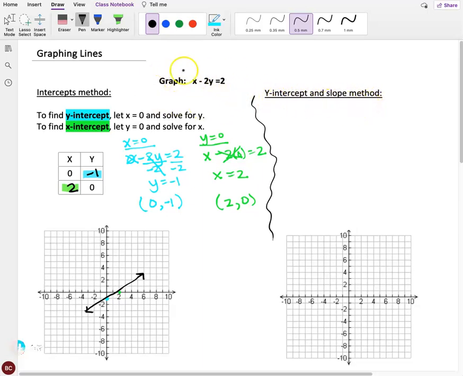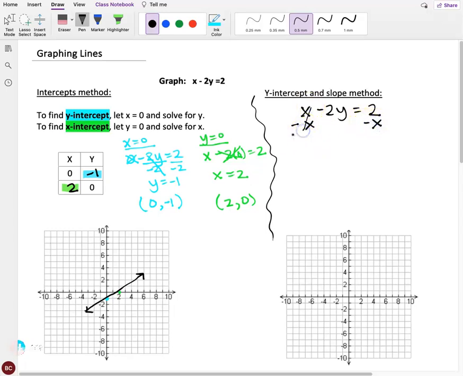So let's take the equation that we're trying to graph, right? So this x minus 2y equals 2. And we want to solve this for y, so get y by itself in order to use this method. So we'll start by subtracting our x over to the other side.